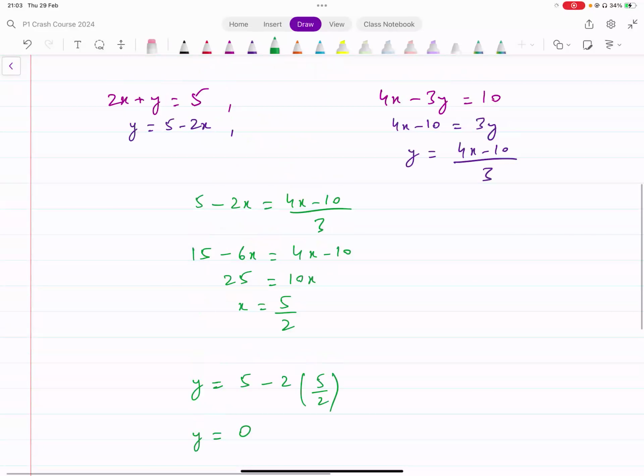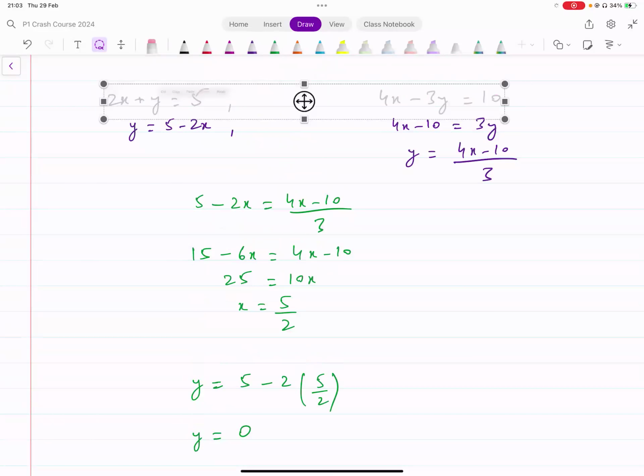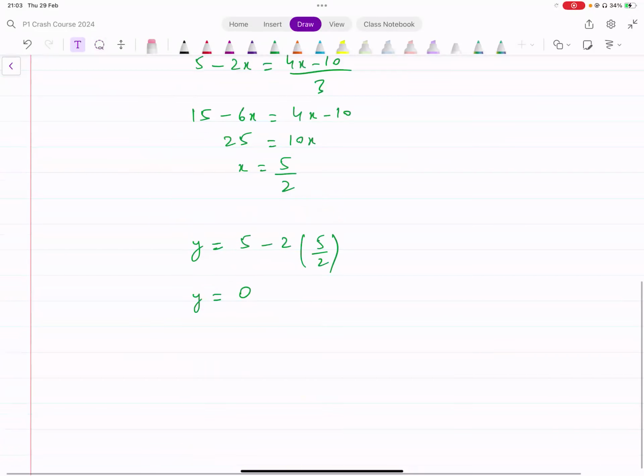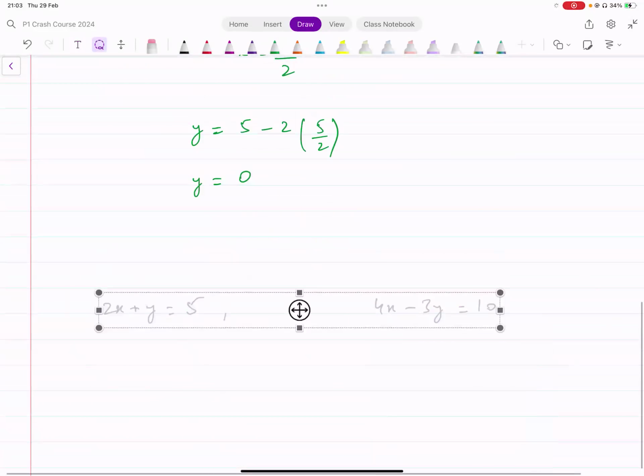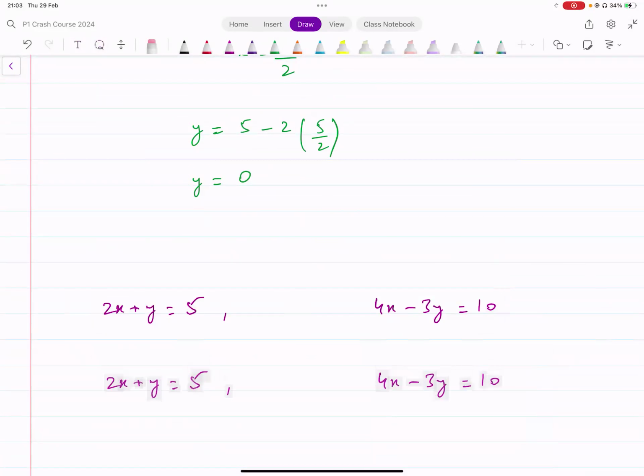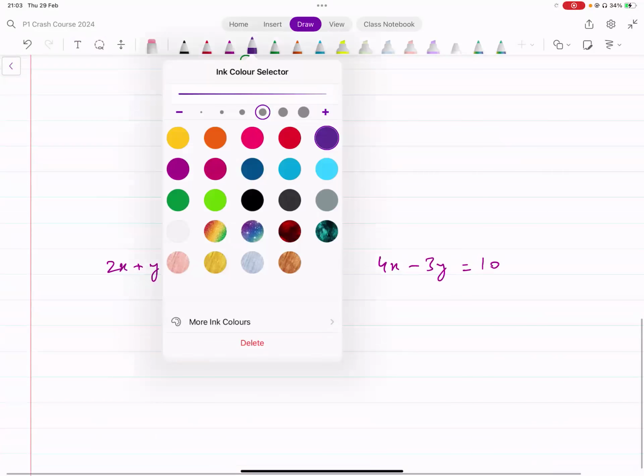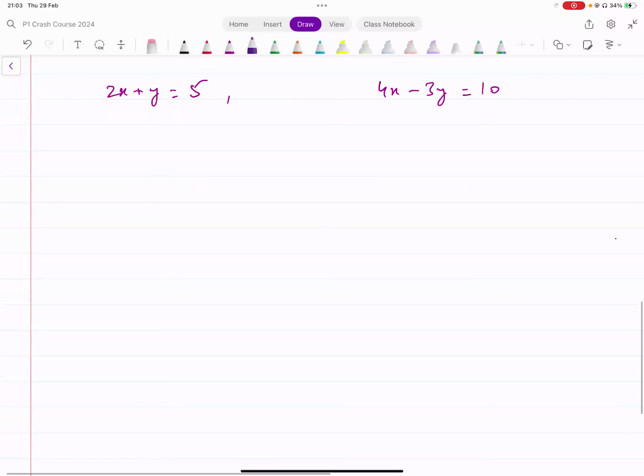Okay, there's another method that's using elimination. For some reason, some people find that complicated, although that's much quicker in some cases. So if you want to use that, you can also do that. The idea of elimination is you make the coefficient of one of these two variables the same in both equations, either x or y.